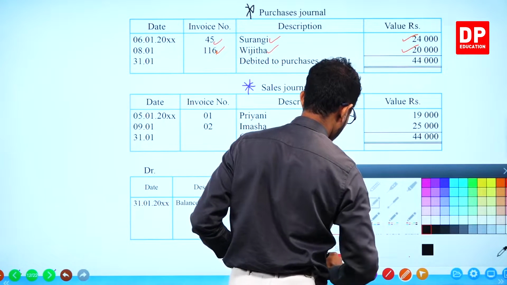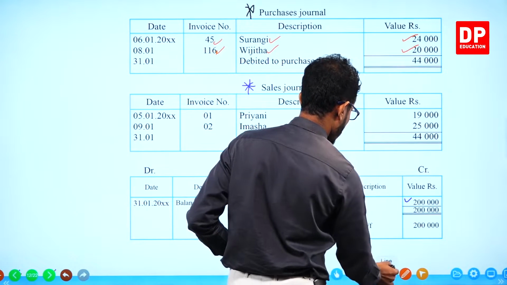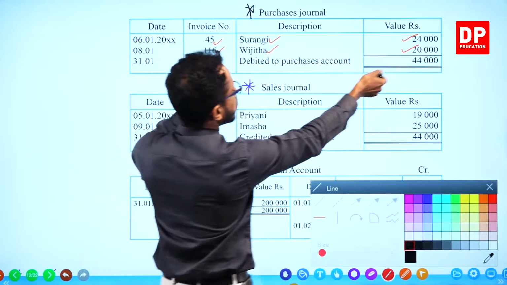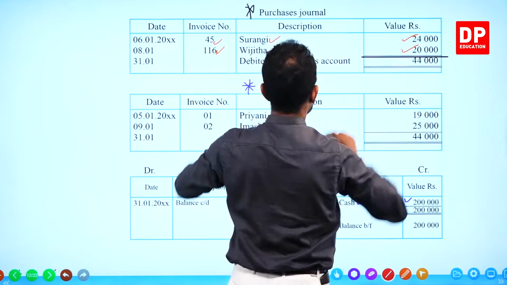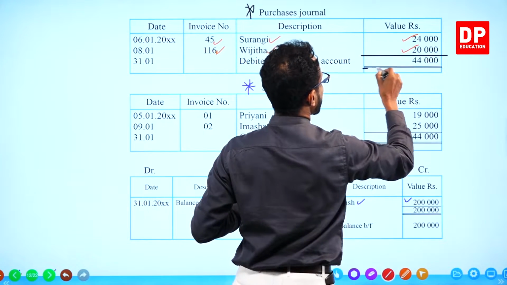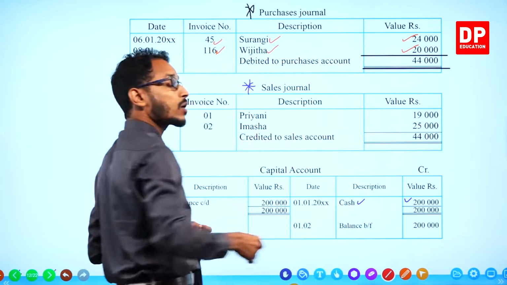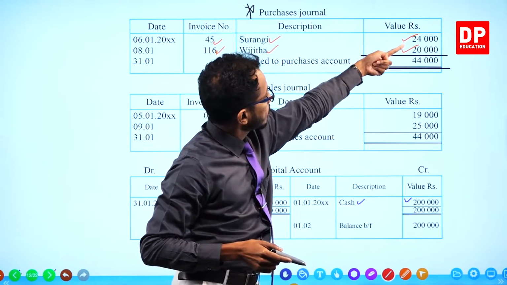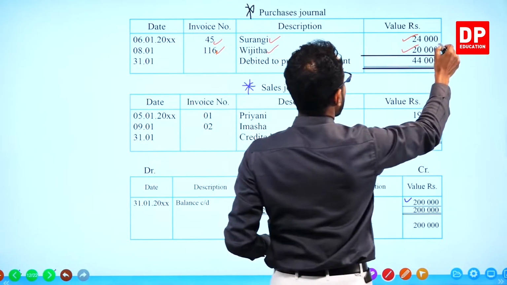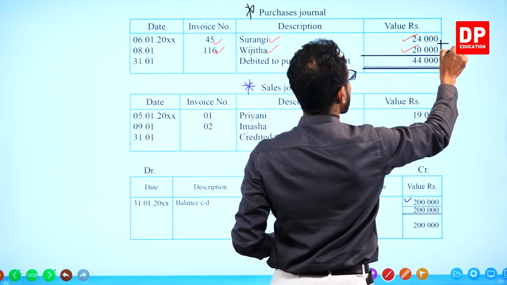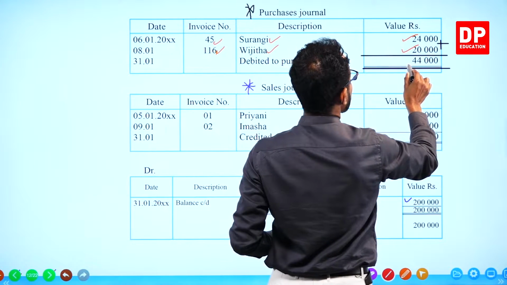Go to the purchases journal. To sum up the purchases journal, draw the sum box. Sum up and get the total. 20 plus 24, it's 44,000.